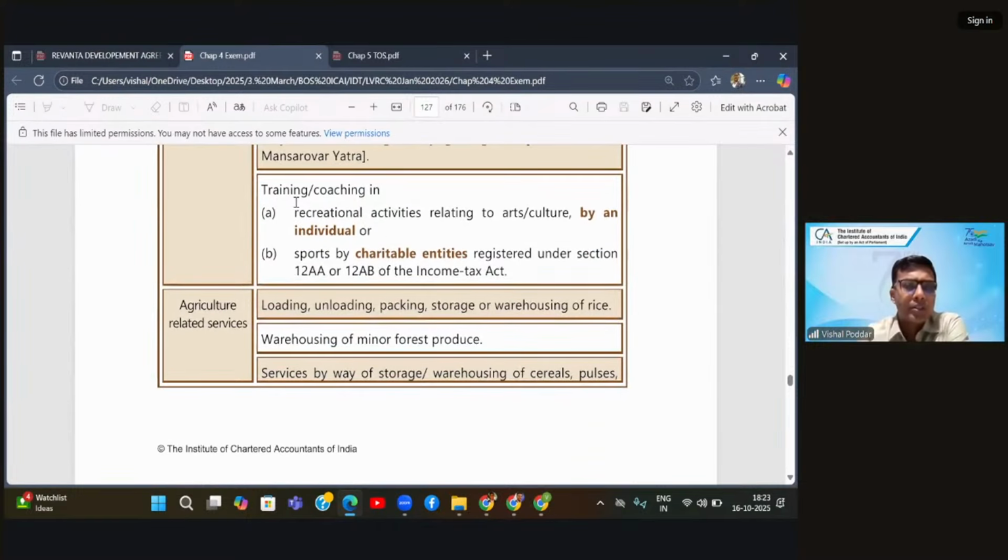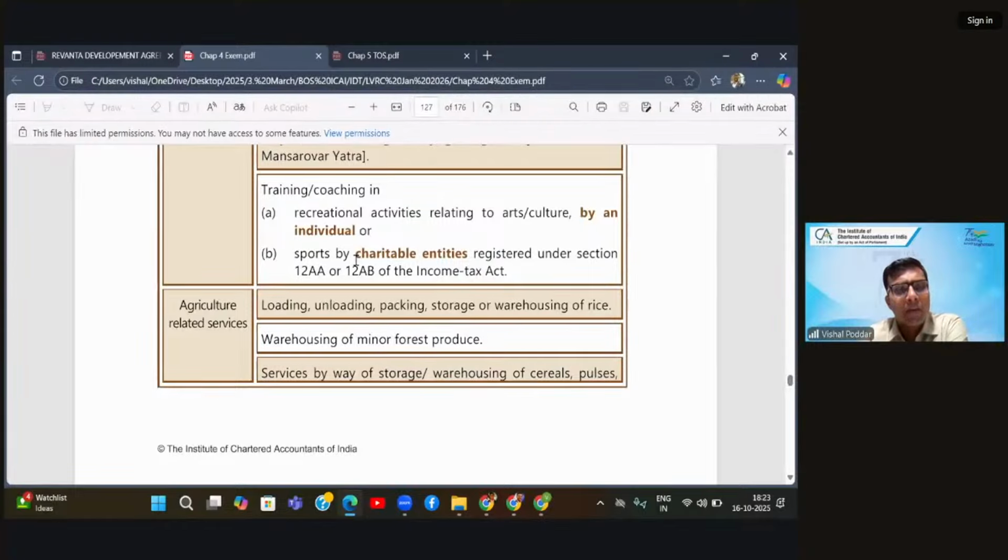Next is where any training or coaching in sports is given by a charitable trust, which is again registered under 12AA or 12AB; that is exempt. What is this? We have various cricket academies, football and volleyball academies and clubs where interested students are trained in those sports.